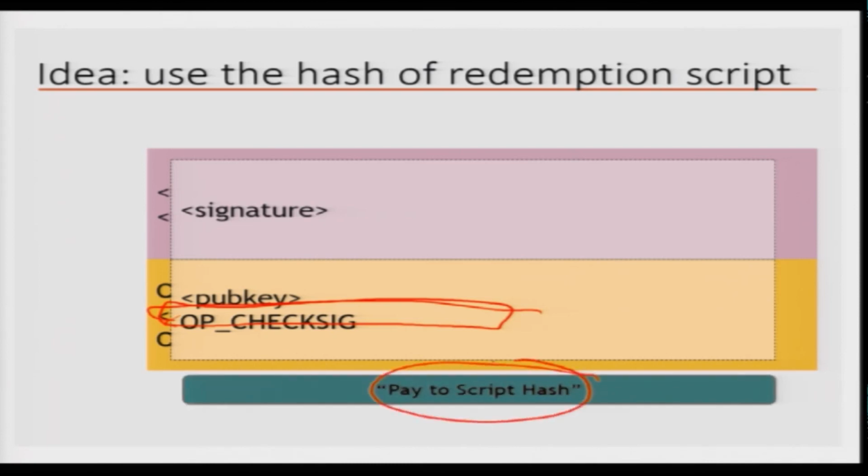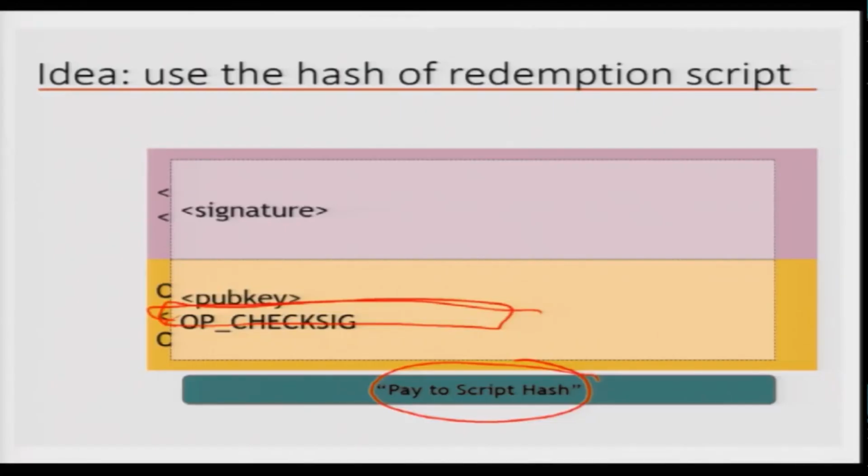So, the basic idea is that the receiver has a complex business situation where he needs payment to be made through a complex script, but you do not want the burden of writing a complex script. So, he makes it easier for you by writing a script and telling you the hash of the script, and then you basically use the hash of the script as if you are sending to a regular address, which also is a hash of size 160.